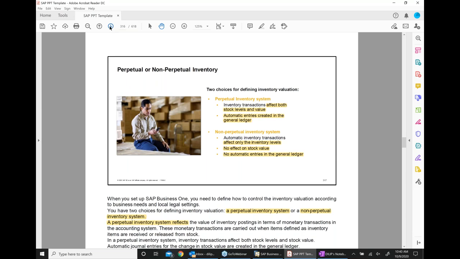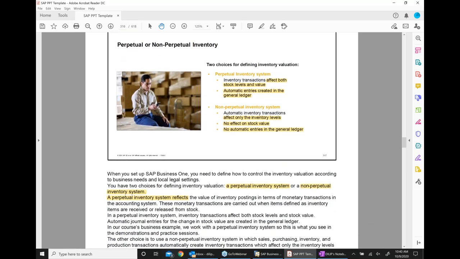So first and foremost, we understand something called perpetual inventory system. And then we also have something called non-perpetual inventory system.